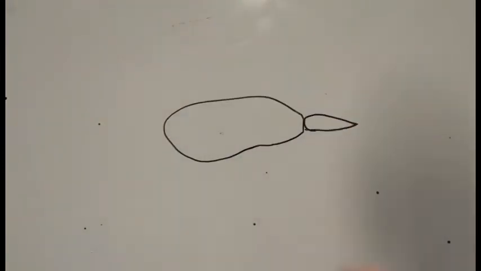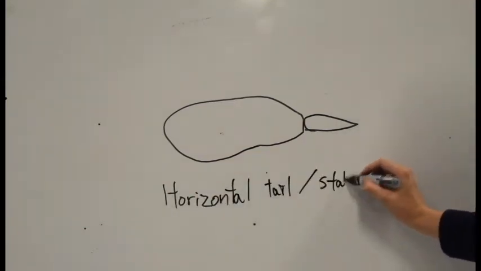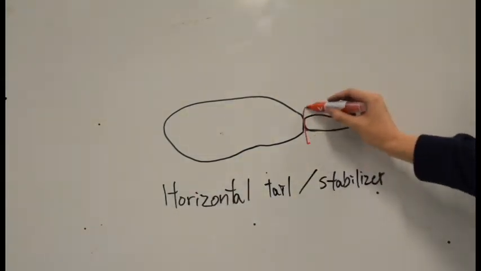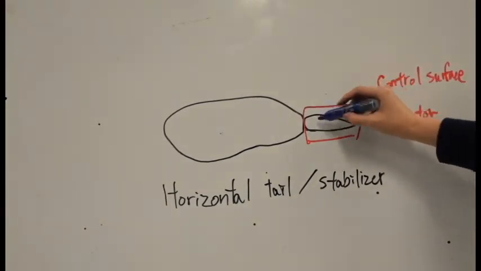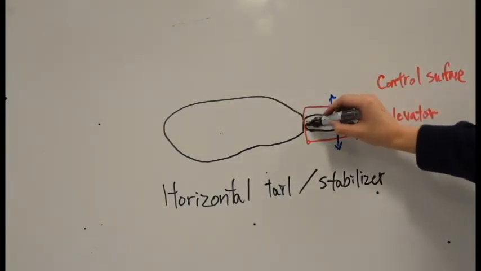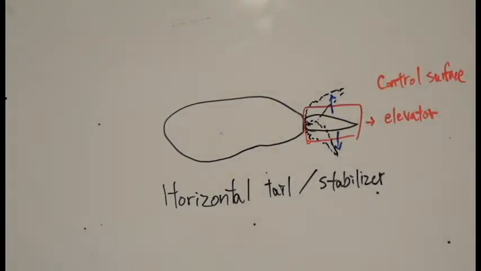Take the horizontal stabilizer as an example. This is the side view of how a horizontal stabilizer looks like, with the elevator attached at the back. The elevator could be controlled and could be turned up and down depending on the pilot's input.